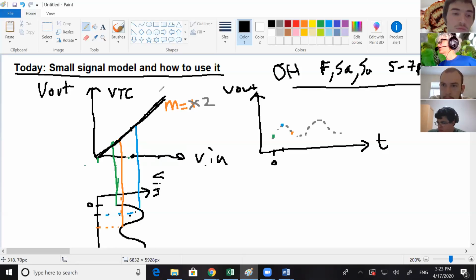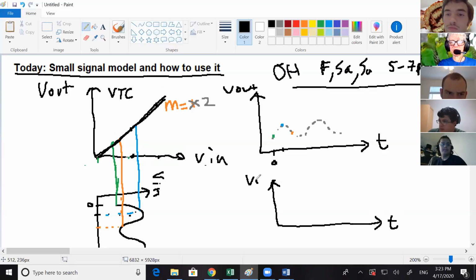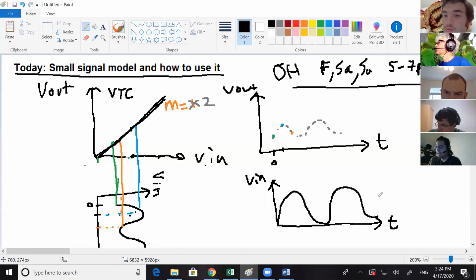It's a little bit curved, but it's supposed to be a line. Then let's say your input is a sine wave. It's supposed to look like a sine wave.